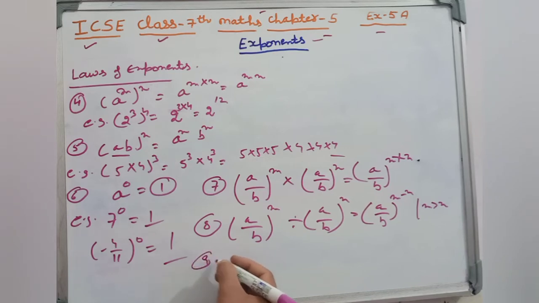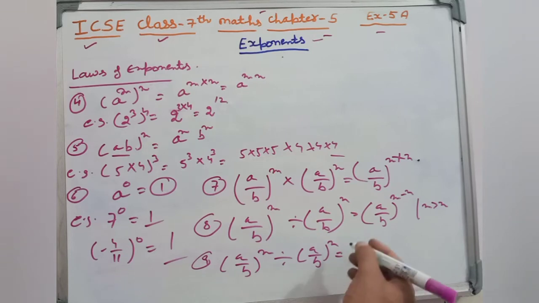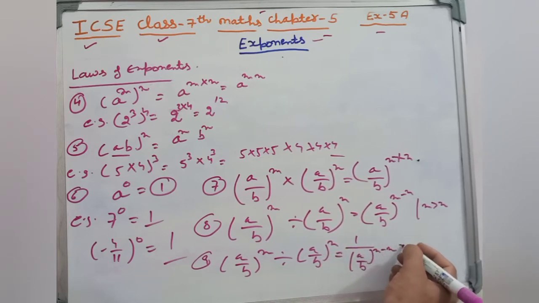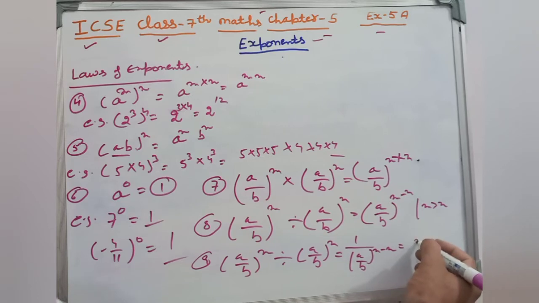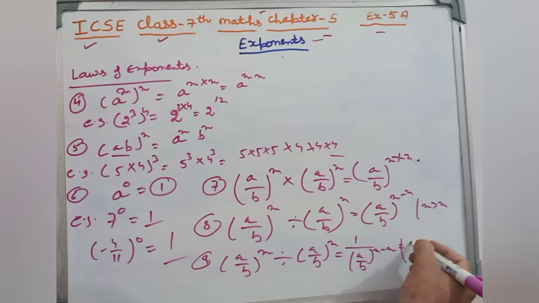In the same way, if I write a upon b raised to power m divided by a upon b raised to power n, here I will change it as a upon b raised to power n minus m. Here n is greater than m, or m is smaller than n. Right?